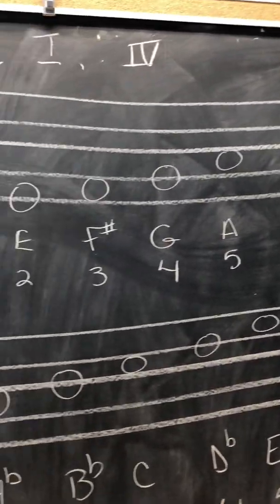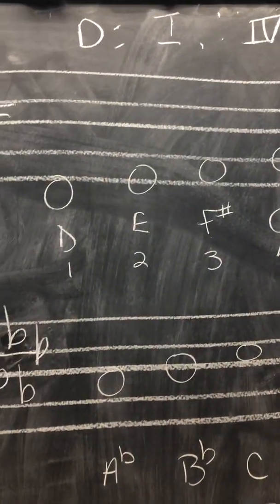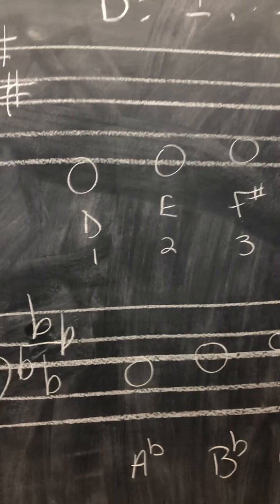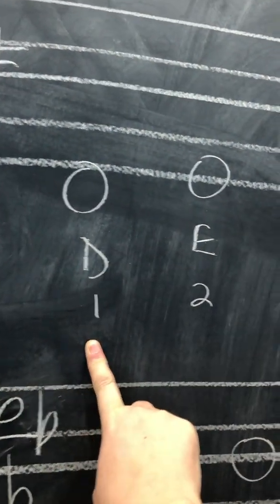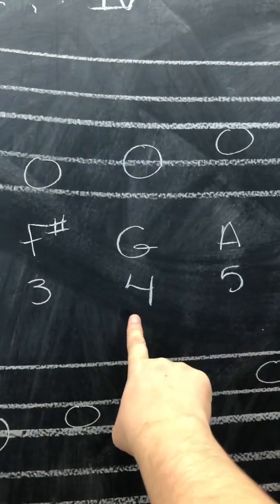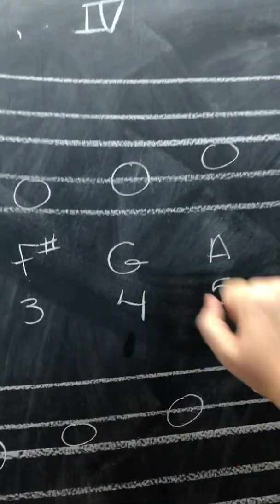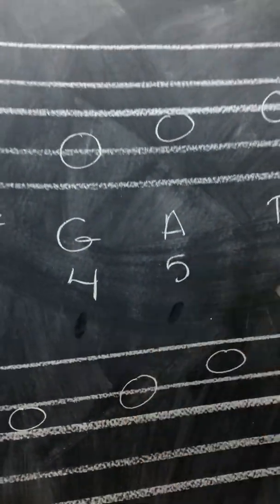If I said I want a chord progression of 1, 4, 5 in the key of D, we would need 1, which is D. The next chord is a 4, so we would need a G chord, and then the next chord is an A. 1, 4, 5.